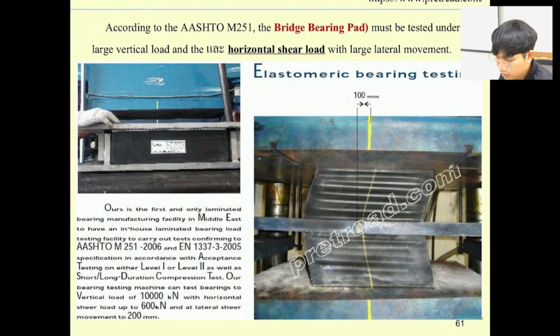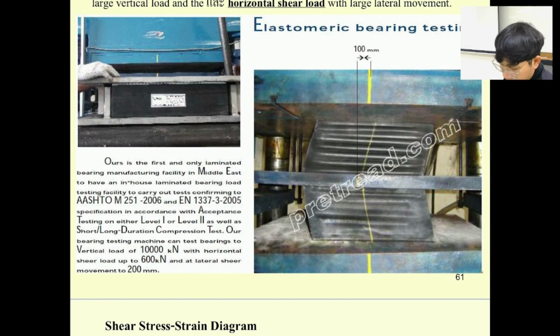All right, so for the bridge bearing pad, we need to follow AASHTO M251 to test it. You can see the material behavior when it's subject to the horizontal load, which is the load in the x-axis over here.